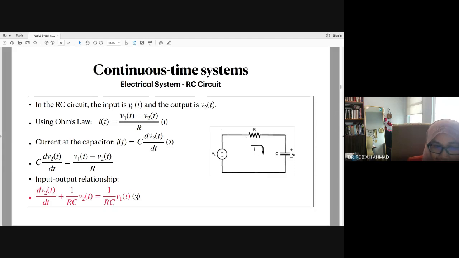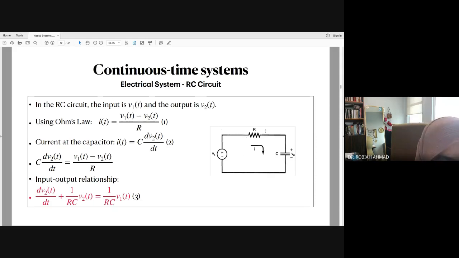I put V1 and V2, but the diagram shows Vs and V out, so please change the notation as well, because previously I used a different diagram, but suddenly I realized that the position of R and C is a bit different. So the output voltage is actually at the capacitor.